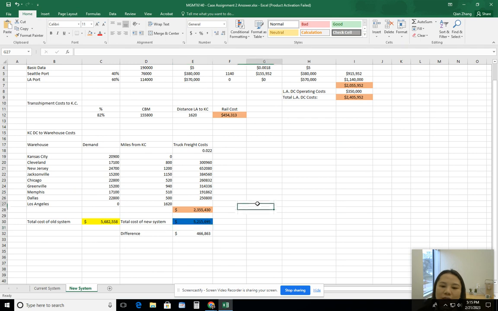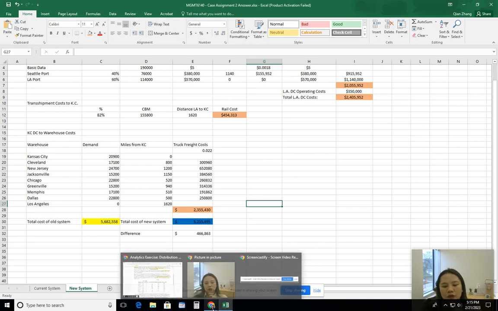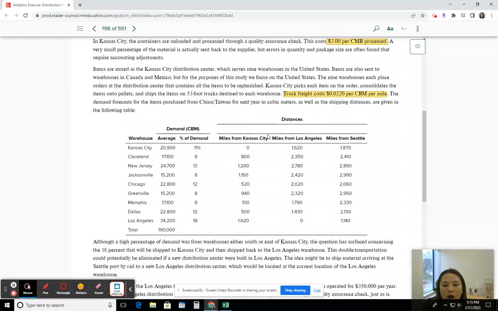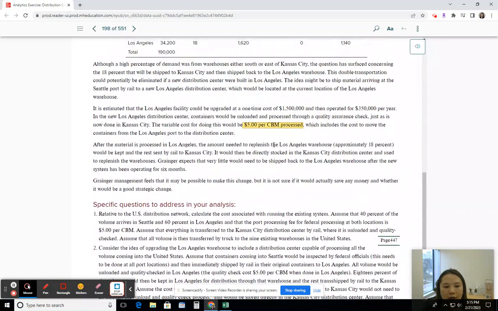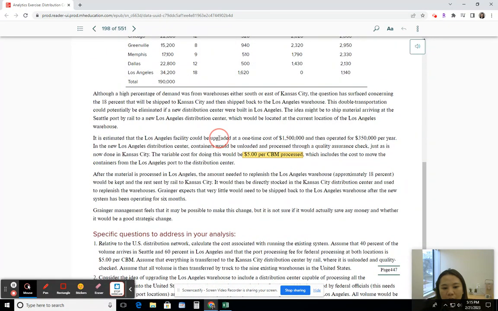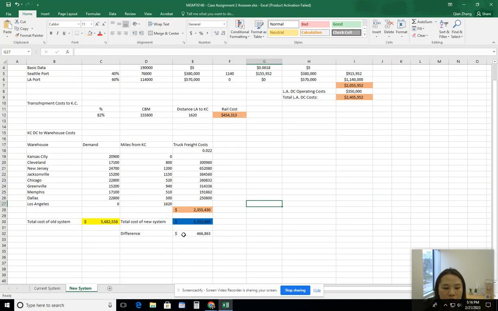So you may find that I have another 350,000, which is the operating cost. Actually, except for the operating cost, we also have a one-time upgrade cost, which is 1,500,000. Some of you summed the operating cost as well as the one-time upgrading cost together, and you may have a total cost for the new system of over 6 million.